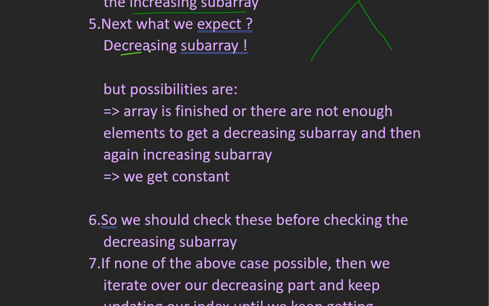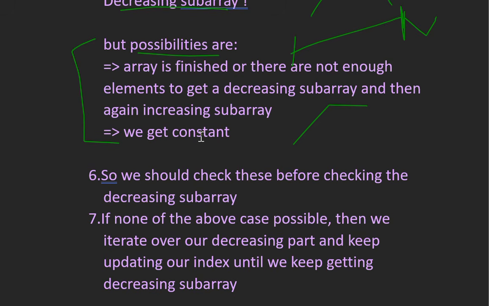But what can be the other possibilities? One possibility is that our array is finished, like all the elements are finished, there are no other elements left, so we won't find any decreasing subarray. One more possibility: it is increasing and then constant, so this case also won't be considered. So before checking the decreasing part, we should check that these two cases are not there.